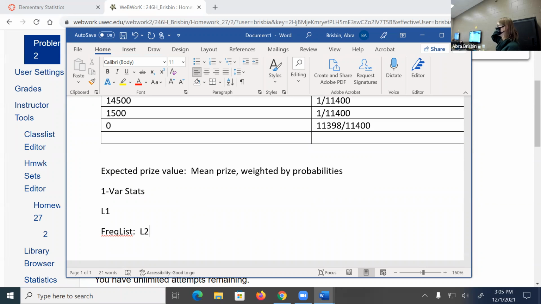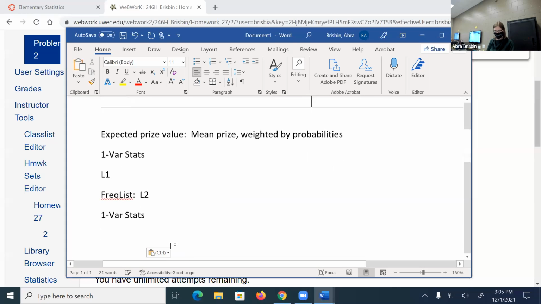Or if you have an older style TI-83 that doesn't give you a menu to put in the frequency list, then you would do one variable statistics L1, comma, L2. This is what my calculator does. That's all. Nettie, did you have a question related to this?